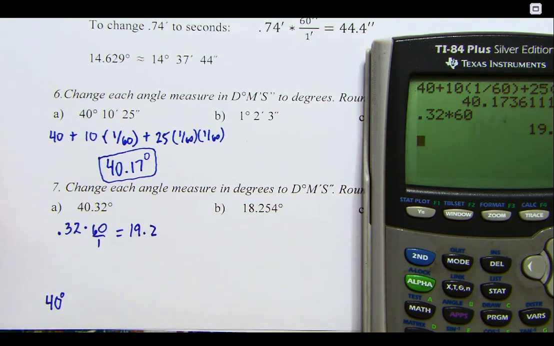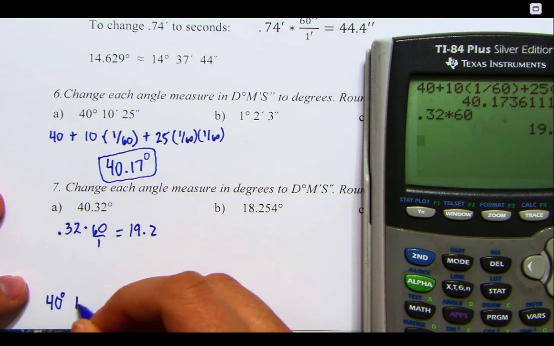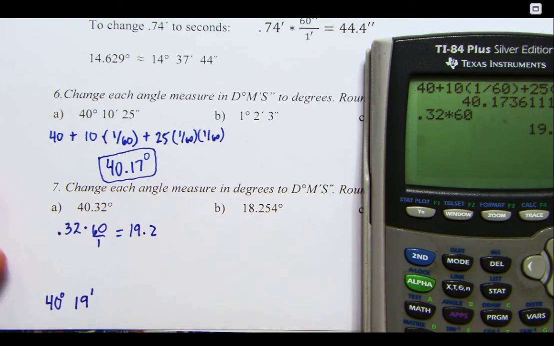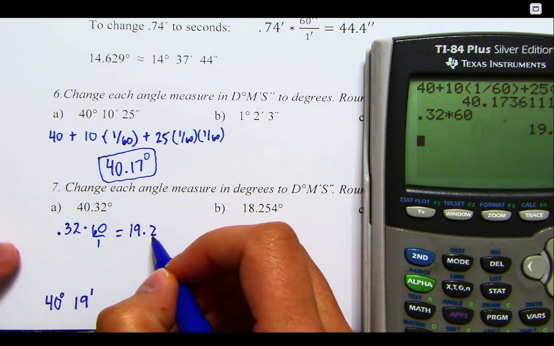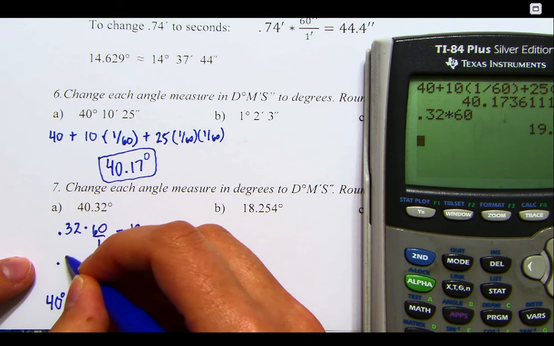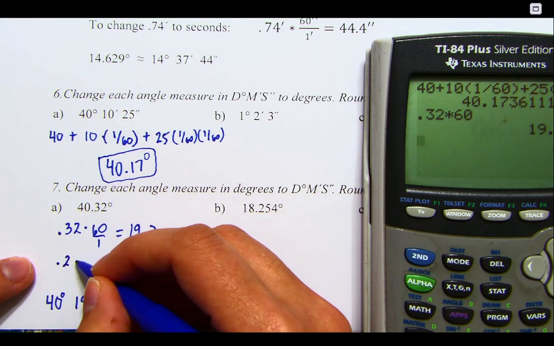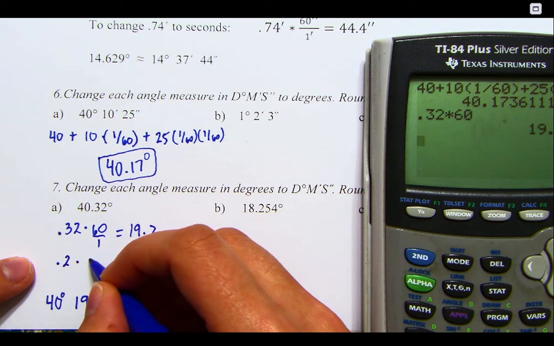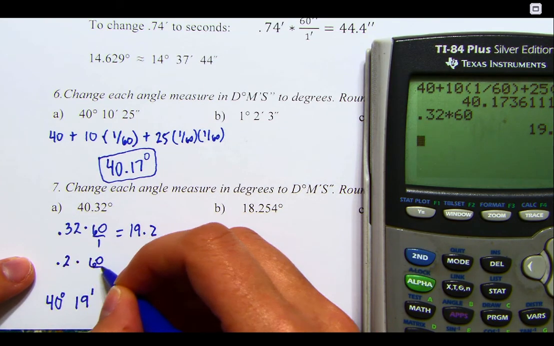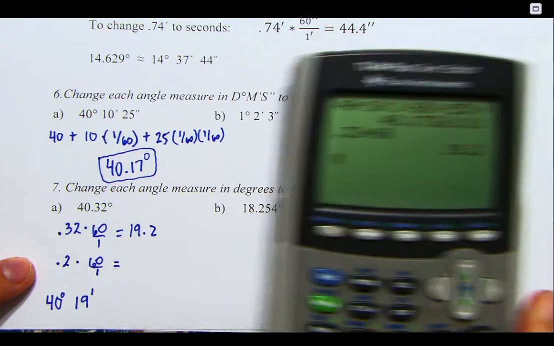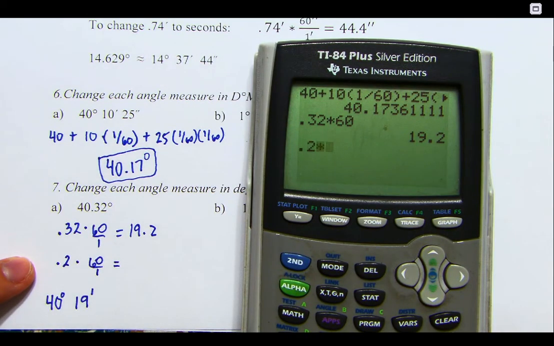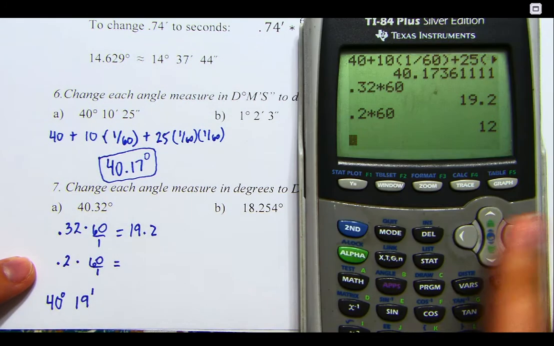Okay, so the 19, that's my minute, so 19, and then I put that little symbol next to it to show that I'm talking about minutes. And then we take this decimal, whatever that is, so the 0.2, and then we have to convert that to seconds. So again, we're taking the 60 over 1 again. So on the calculator, 0.2 times 60 is 12.